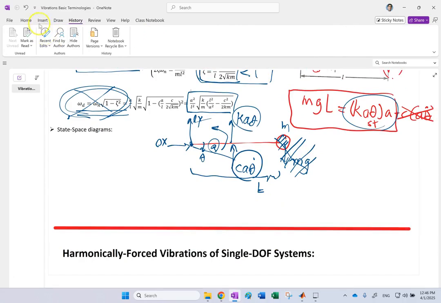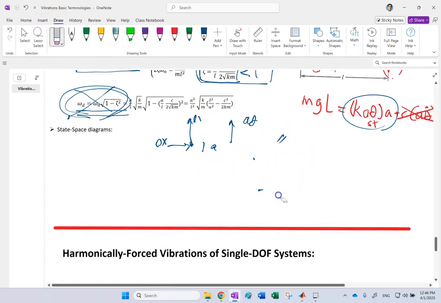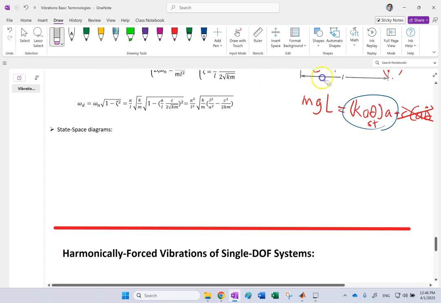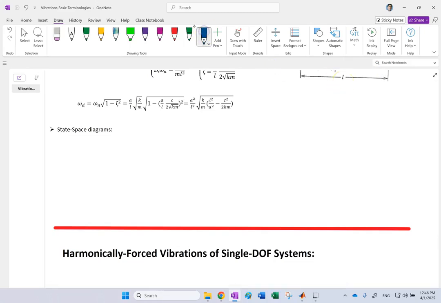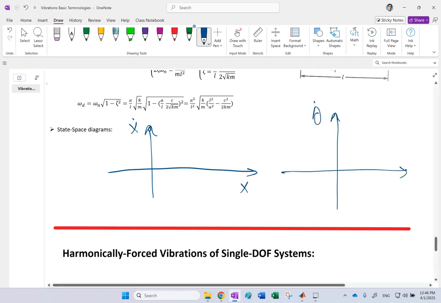Now, as I said, I want to talk about the state space diagrams. Since these systems are all single DOF, you basically have the function and its time derivative, and you can make a simple 2D state space. For instance, in the mass spring system, you can plot x dot versus x, or in this pendulum, you can plot theta dot versus theta.